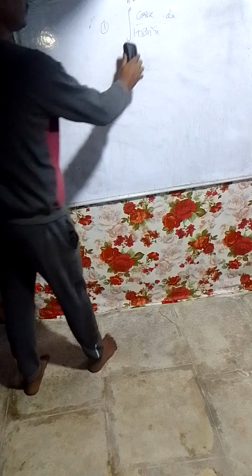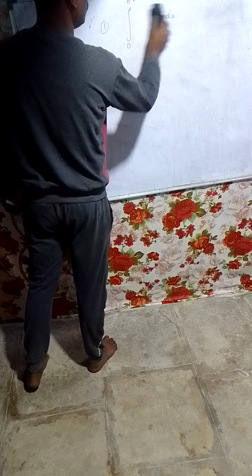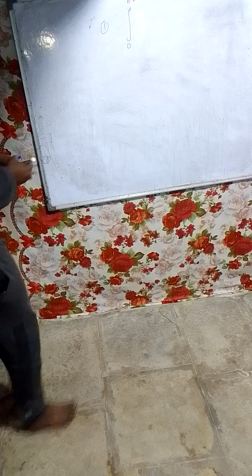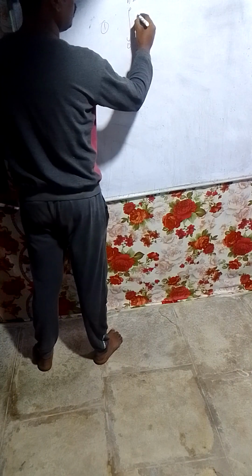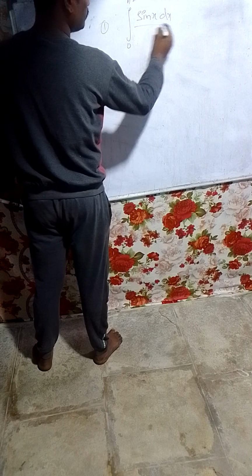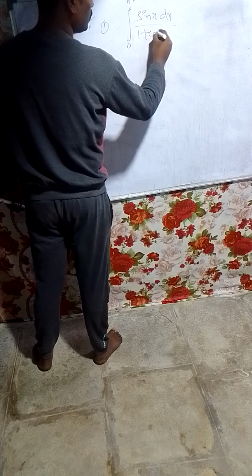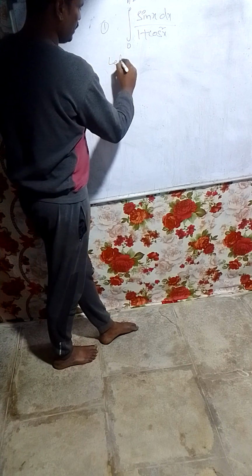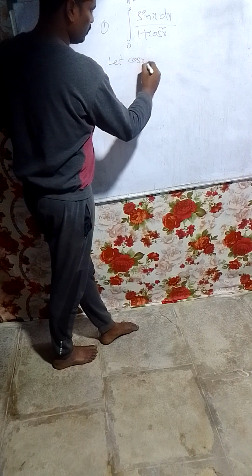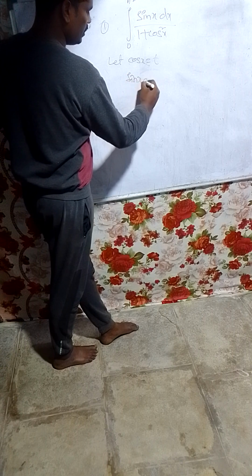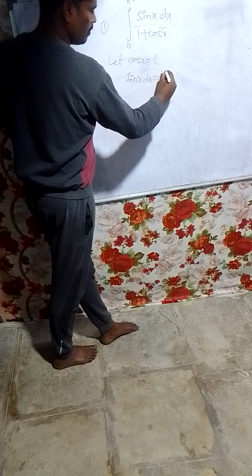See, same formula, same method to do. Integral of sin x dx by 1 plus cos square x. Let cos x equal to t, minus sin x dx equal to dt.